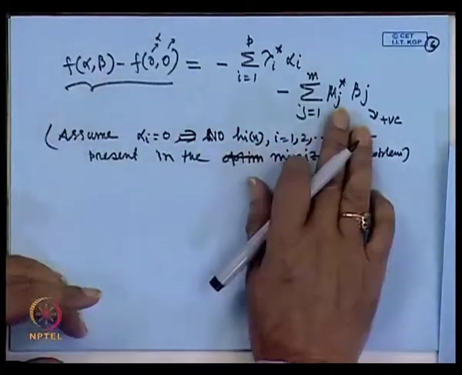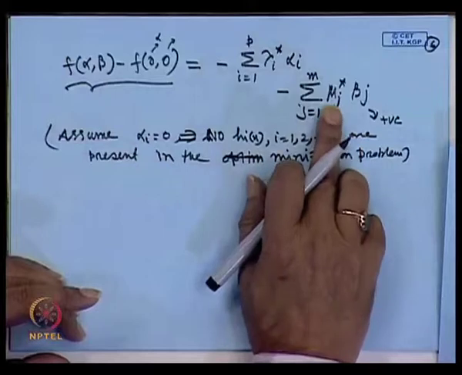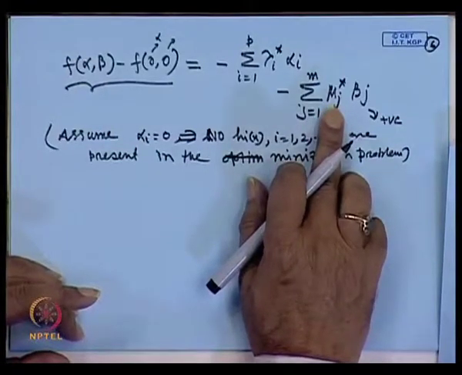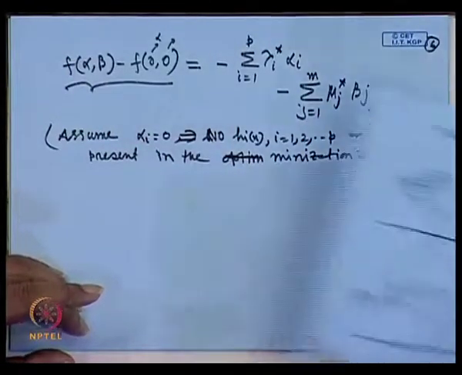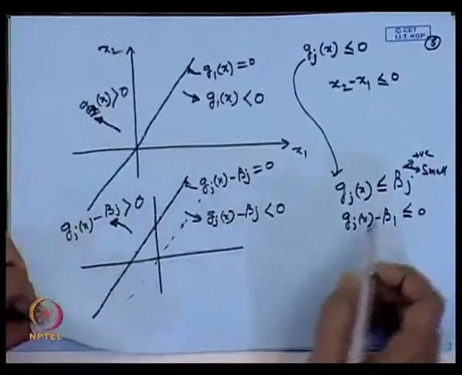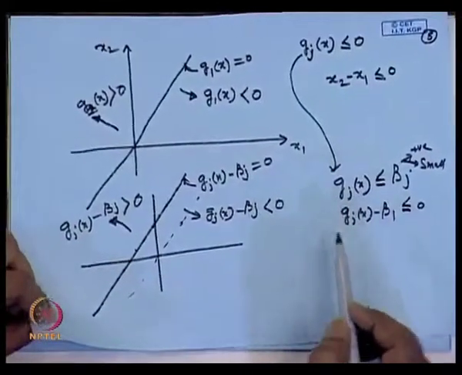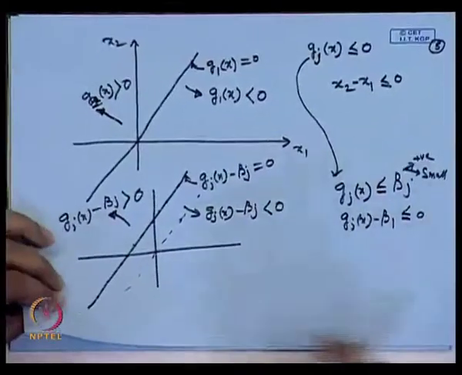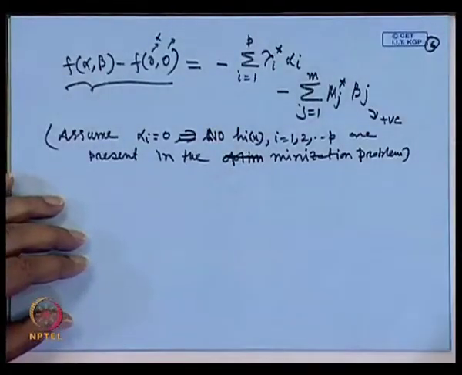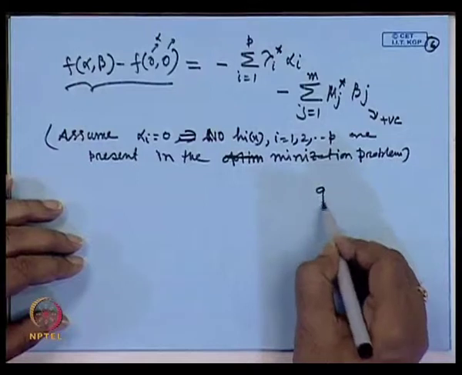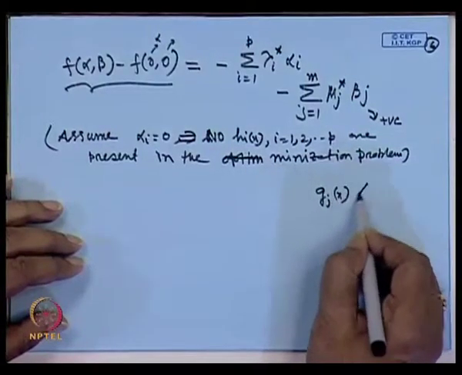In what context are we saying the mu value must be positive? That is our constraint equation, I will write it: g_j of x is less than or equal to 0.